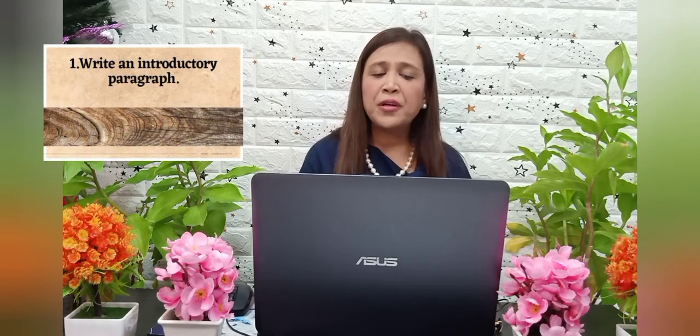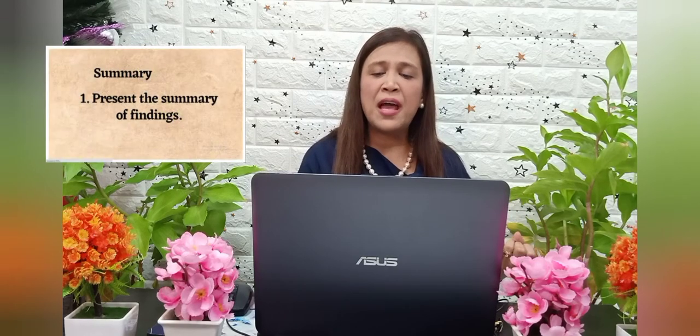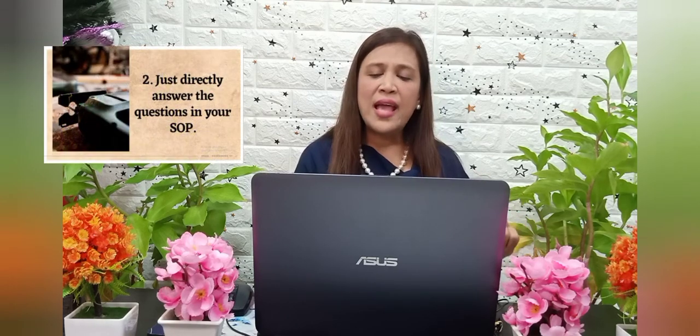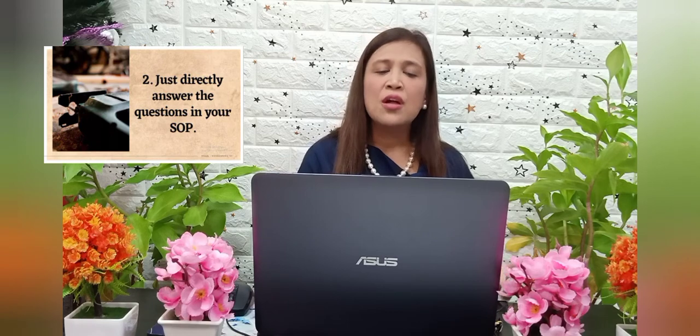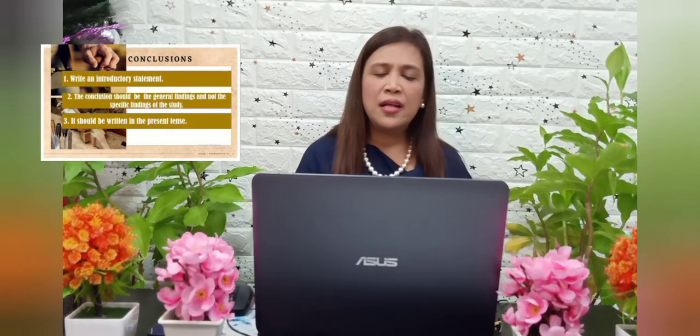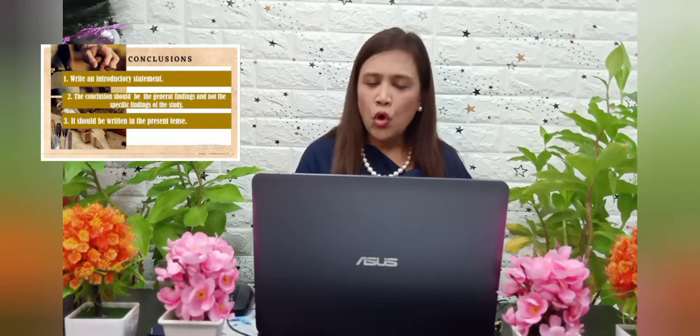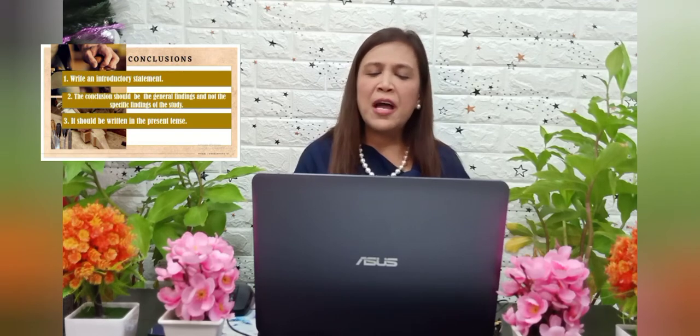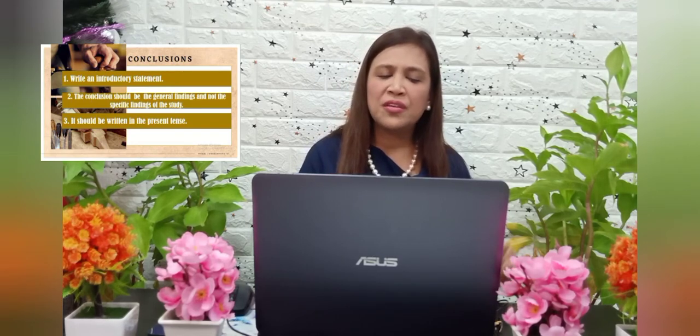So let me have a recap in writing your chapter 5 or your summary, conclusions, and recommendations. So write an introductory paragraph for the summary, present the summary findings, just directly answer the questions in your SOP. For the conclusions, write an introductory statement. The conclusion should be the general findings and not the specific findings of the study.